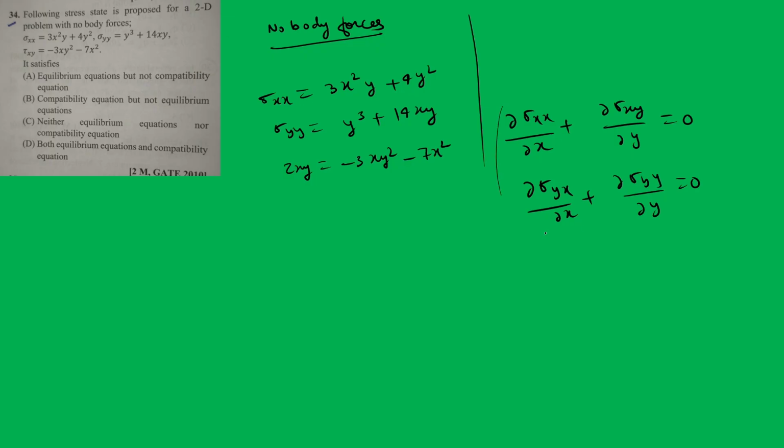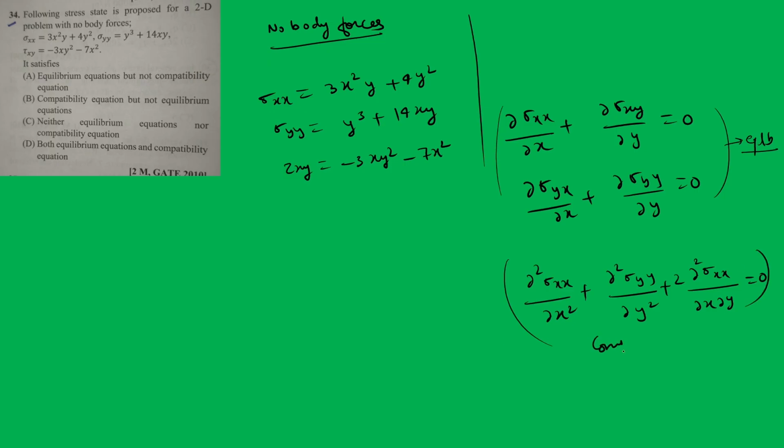So these are the equilibrium equations. And what is the compatibility equation? Compatibility equation is dou square sigma xx by dou y square plus dou square sigma yy by dou x square minus 2 times dou square sigma xy by dou x dou y is equal to 0. So this is the compatibility equation.